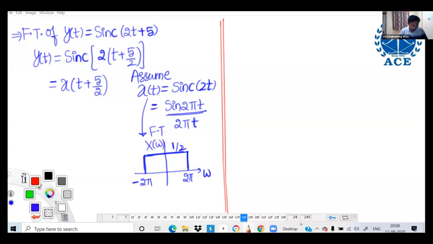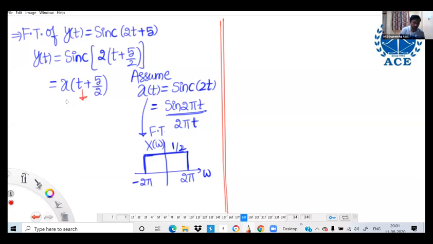Recollect everyone, sin(at) by pi t form. A rectangle that covers from minus 2 pi to 2 pi with extra scaling of 1 by 2, which is amplitude scaling.